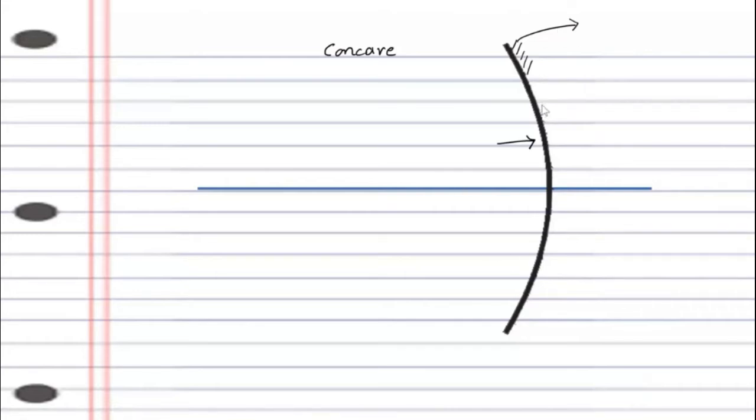And therefore, not to forget shading of this concave mirror on the other side. So let us assume that we have done it. Next, we have to draw light rays which are parallel to each other.